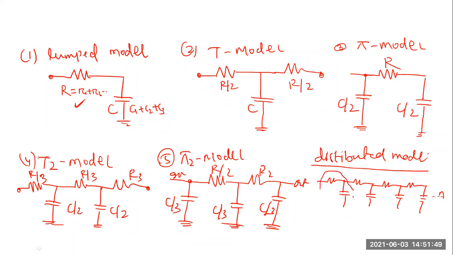This is segment 1, segment 2, segment 3, segment 4, like n number of segments, based on the length. If the length is more, then the number of segments will be more. So, clear everyone, these are the models we can generally use to calculate the capacitance and resistance of the circuit.